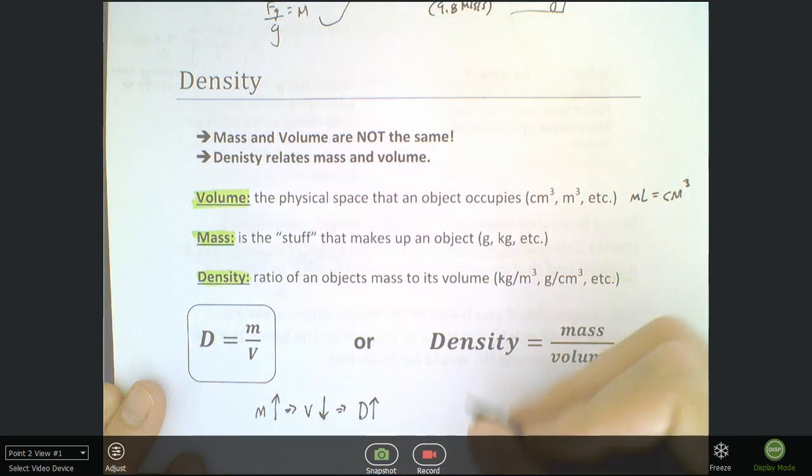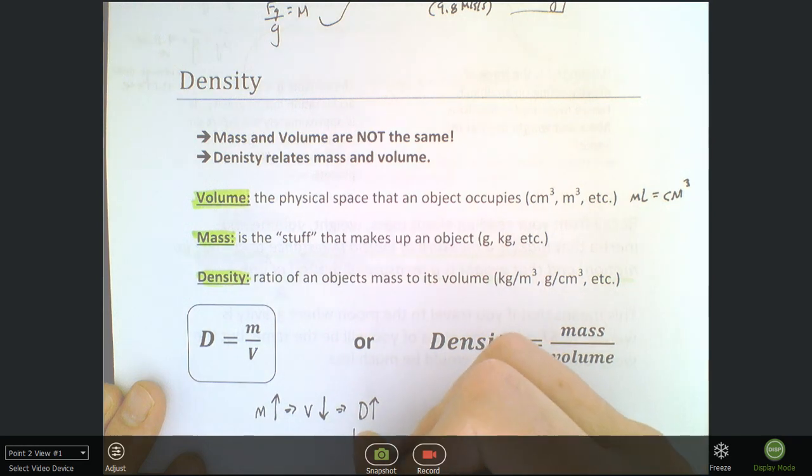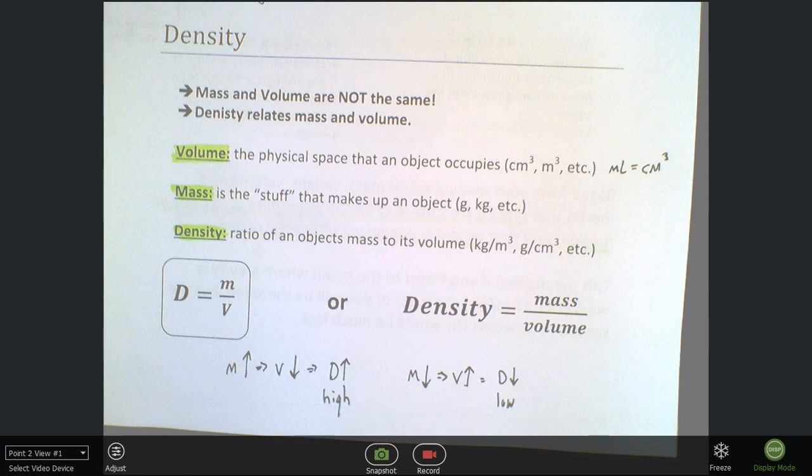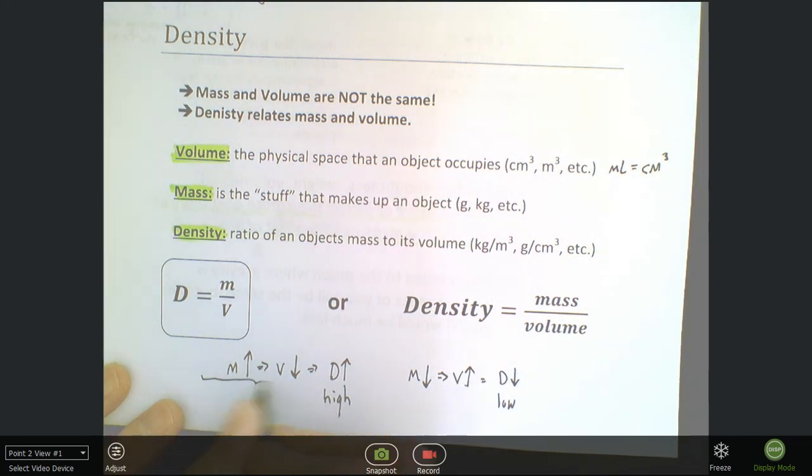If you have a low mass and a big volume, then you have a very low density. So here, this is high mass, low volume.